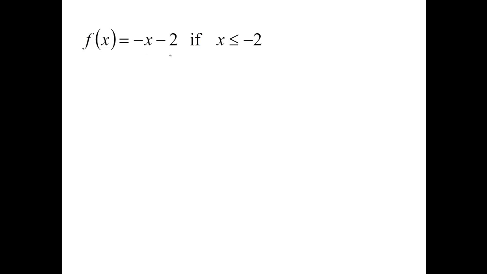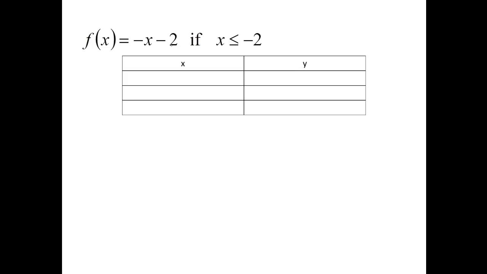So let's just take this first part here, the part where if x was less than or equal to negative 2, then y would be found by finding the opposite of x and subtracting 2 from that. So we can make ourselves an xy table like we normally do. And what we'll do here is specify that for values of x that are less than or equal to negative 2, what we'll do to find y is find the opposite of x and then subtract 2 from it.